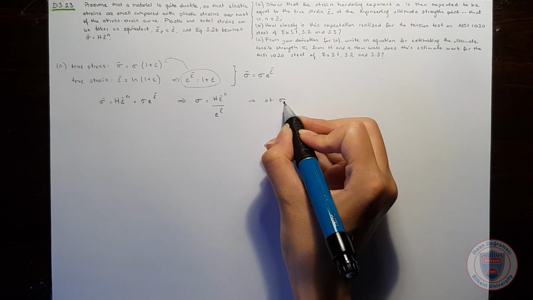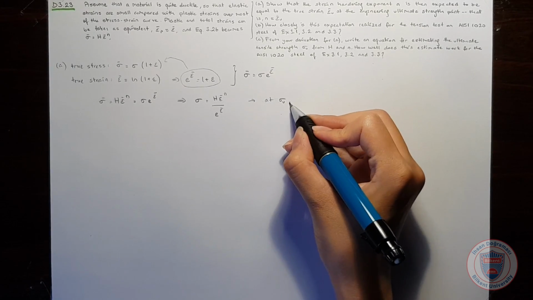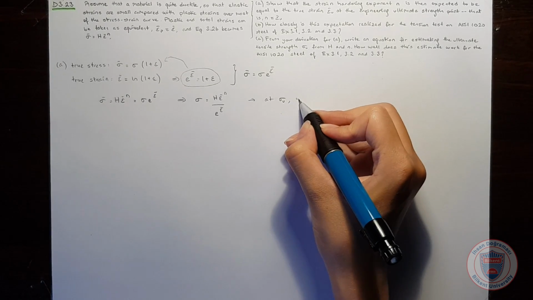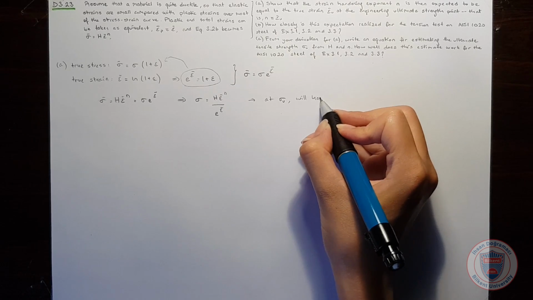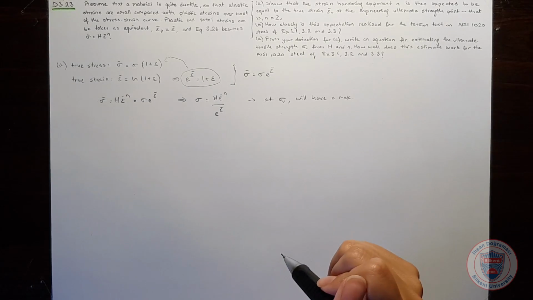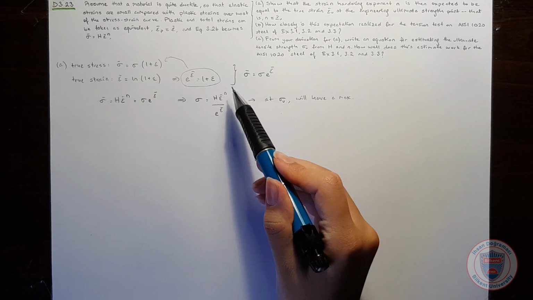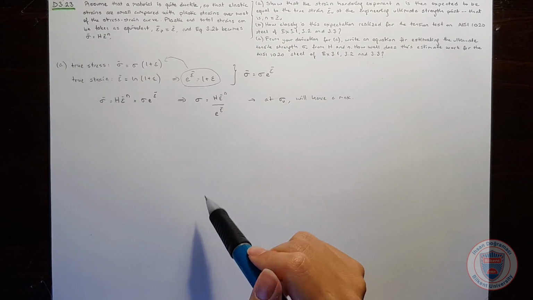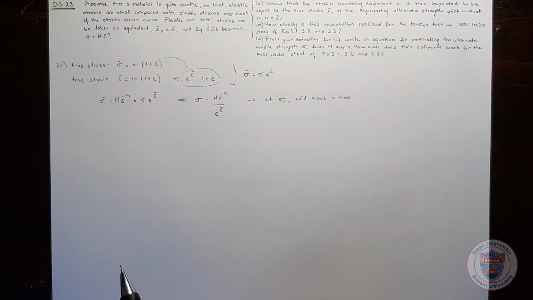At the ultimate strength point, this equation will have a maximum. This means that when we take the derivative of this equation with respect to the true strain, it will be equal to 0 at some point.